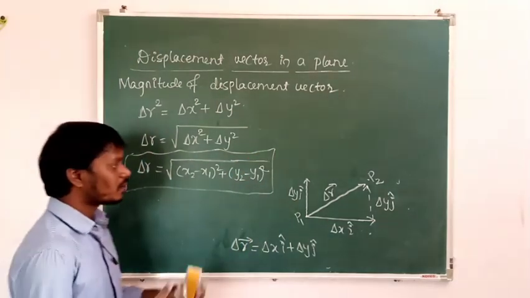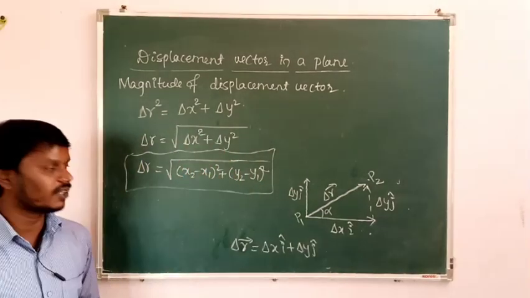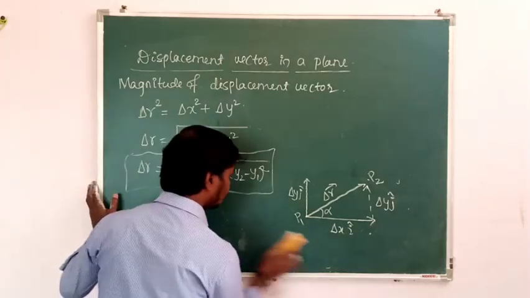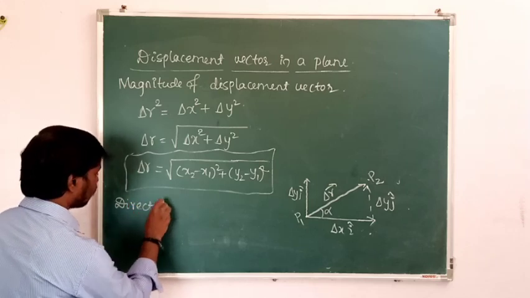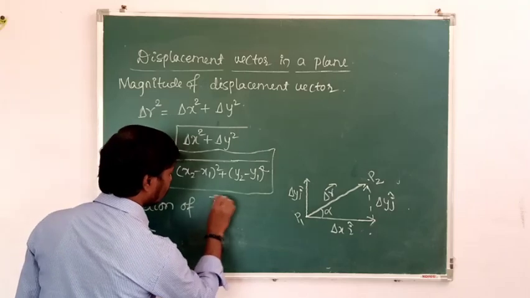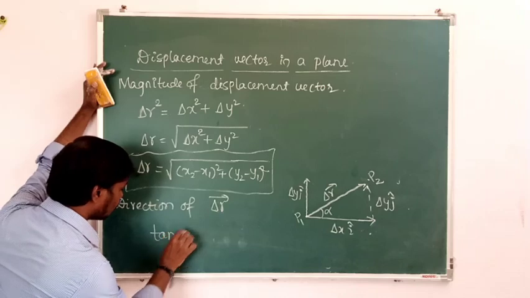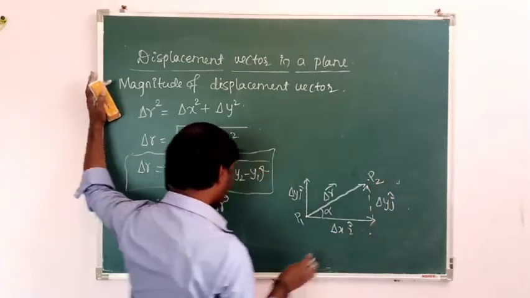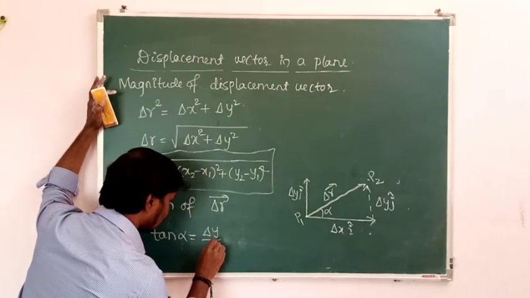Then how to find the direction of the displacement vector? Direction of the displacement vector with respect to the x-axis. See here, tan alpha is equal to opposite side divided by adjacent side, delta y by delta x.